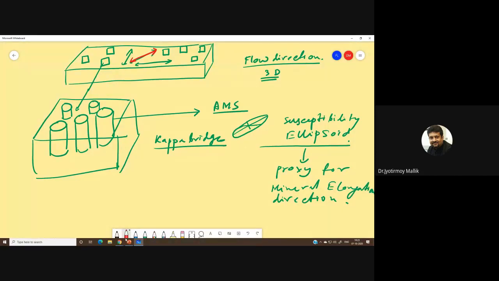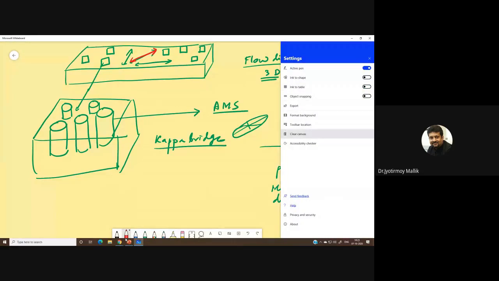So that is how AMS is used. AMS is not only used to detect the flow direction of magma. So what are the uses of AMS? First, it is used for detection of flow direction, that is, magma flow.